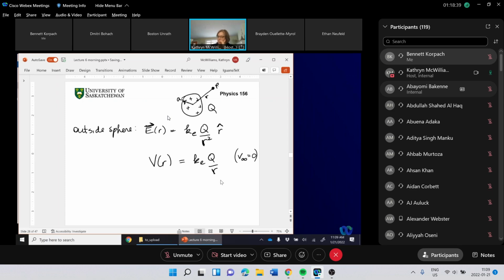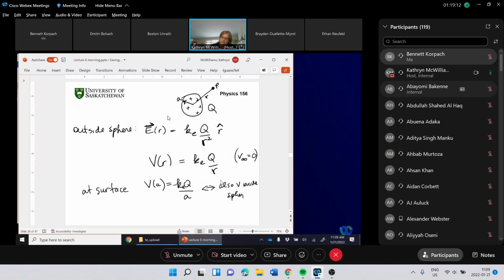So at the surface, V_A is equal to k_e Q over A. If we come just barely outside the surface so that the charge is enclosed, the potential is V_A. And remember that V of A is also V inside the sphere.